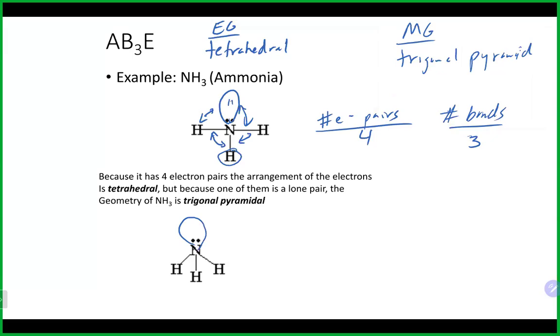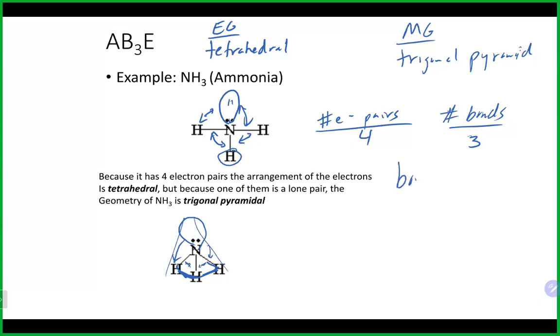As they try to keep their distance as best they can, they make sort of a pyramid shape on the bottom there. A triangle and a pyramid together gives us our trigonal pyramid type shape. So these bonding electron guys can get a little bit closer to each other because that's okay, and that's going to keep all those distances away from each other. It's not going to end up in that angular shape because we have that extra bond in the middle that we didn't have on the previous one.